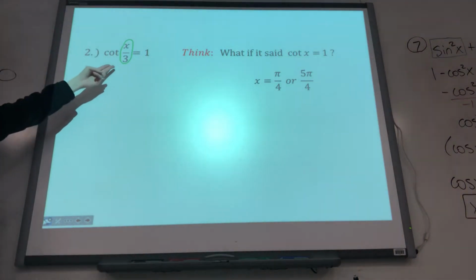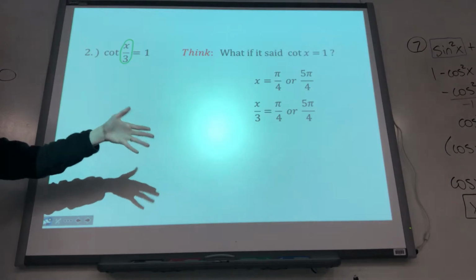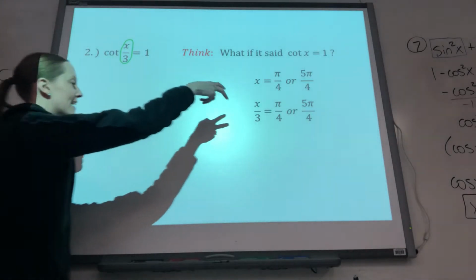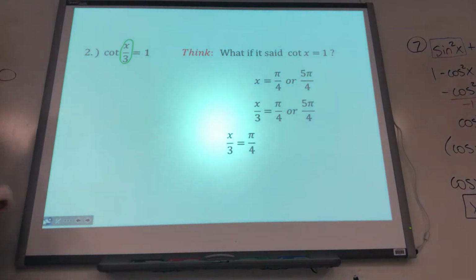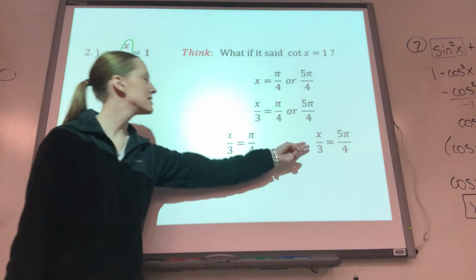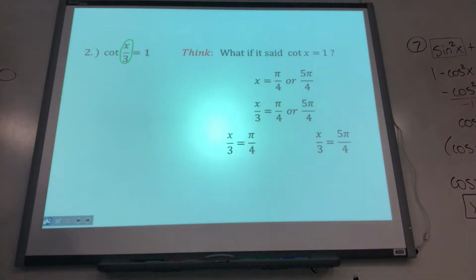We want x over 3. So you've maybe already gone through and separated this out. I still kind of have it together. We need to take x over 3 and set it equal to pi over 4, and take x over 3 and set it equal to 5 pi over 4.